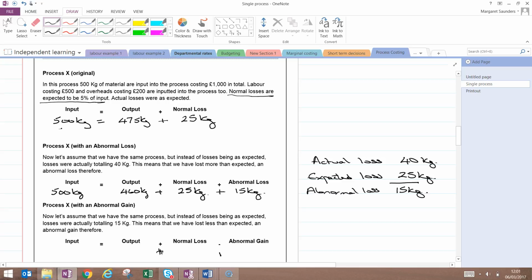So you'll notice we've not actually recorded in our physical flow the actual loss. It is always split between the normal loss and then the abnormal loss, or in the next example, the abnormal gain.